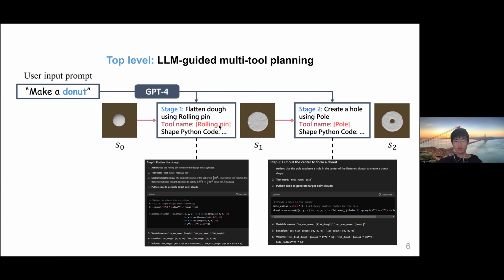But if you decompose it into subtasks, for example, in the first task, it only needs a small step to flatten the dough. And because we want to also use the differentiable simulators for this subtask, we need to know the target state, so we can compute the state loss between S0 and S1.